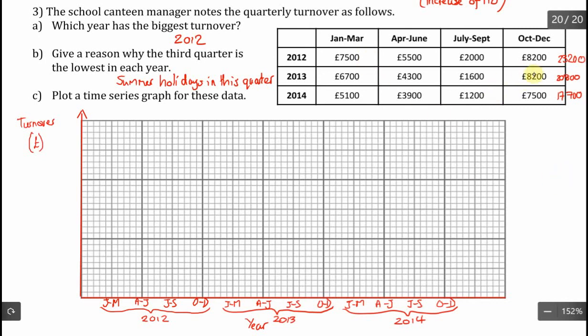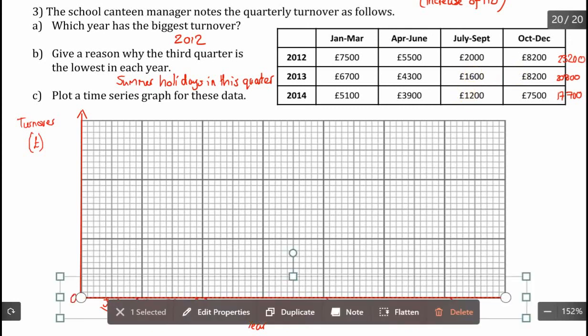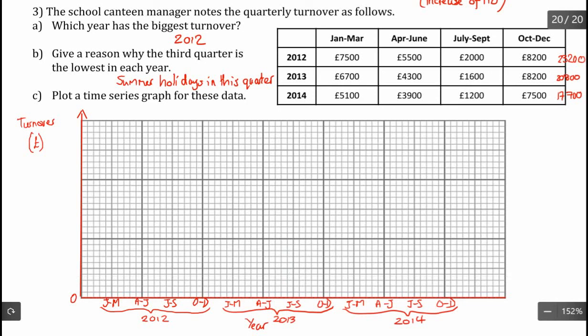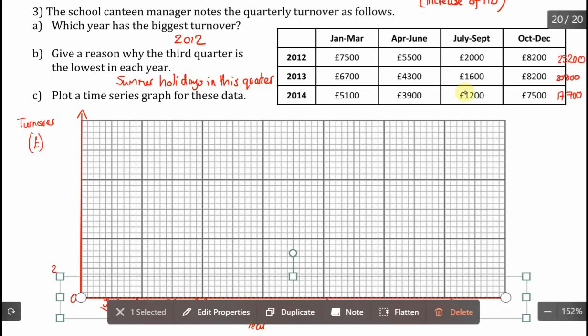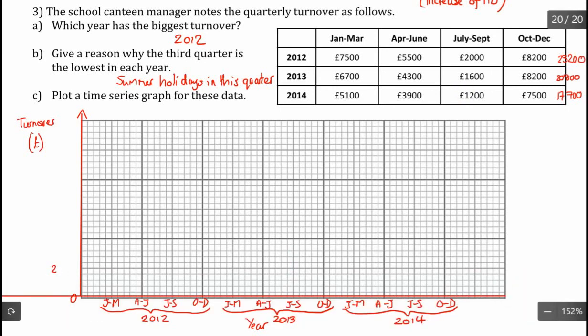Oh no, there's an 8,200. And there's quite a low amount as well, 1,200. So starting at 0, I think would be fine again. Okay, and we need to go up to 8,200. So 2,000, 4,000, 6,000, 8,000. Probably the best way to do it. Going up in 2,000s.